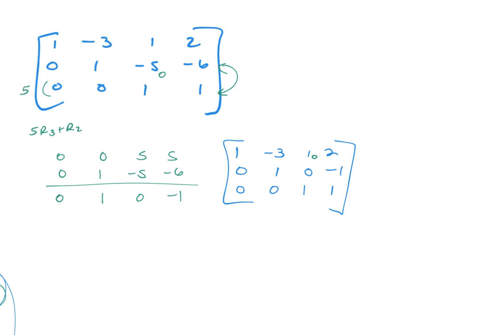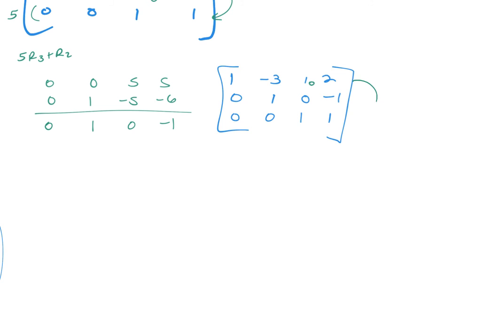Now I need the 0 where the 1 is. And again, I have to use row 3. There's a 0 in row 2, so there's nothing I'm going to be able to multiply that by to cancel out the 1. I can multiply row 3 by negative 1. Is that what you said? Yeah. So negative 1 R3 plus R1.